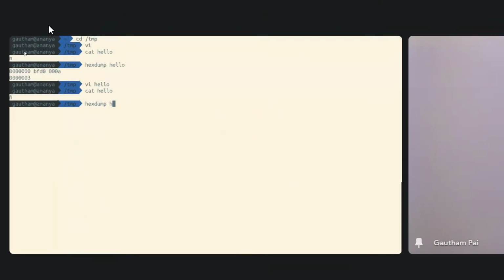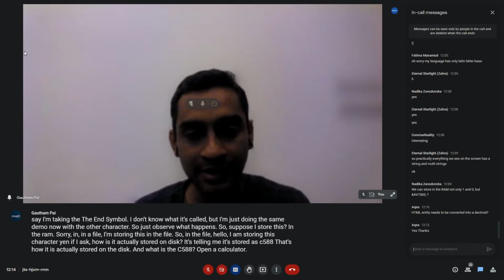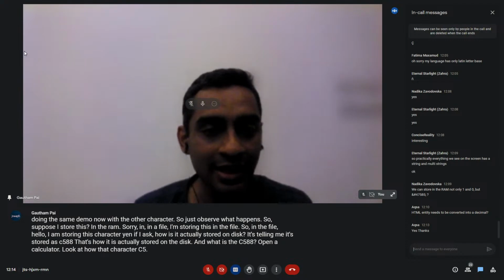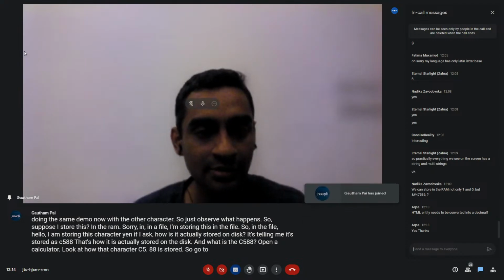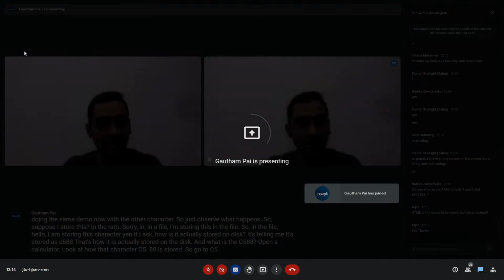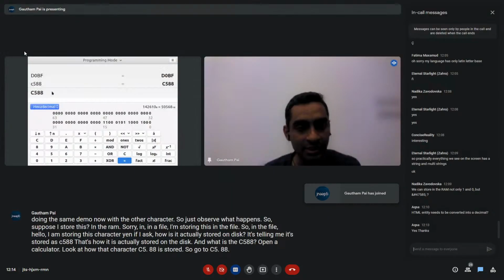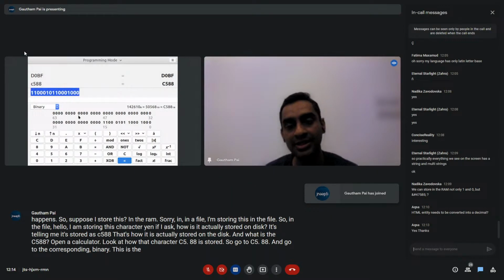If I ask how is it actually stored on disk, it's telling me it's stored as C588. That's how it is actually stored on the disk. And what is the C588? Open a calculator, look at how C588 is stored, and go to the corresponding binary. This is the binary representation of that character.